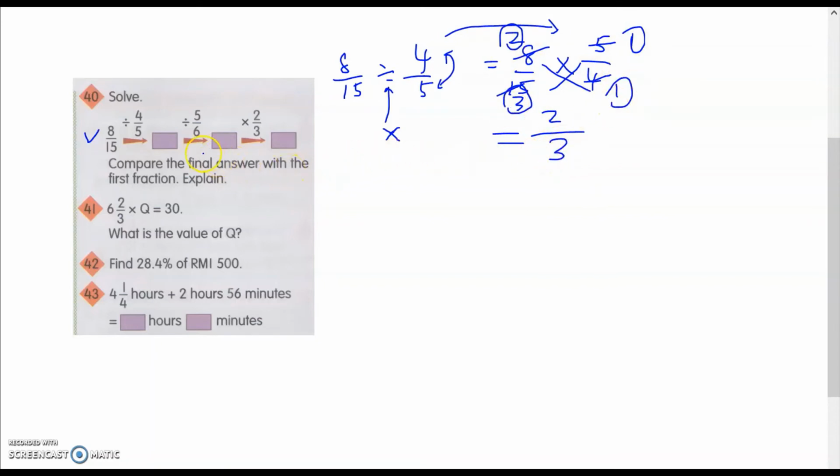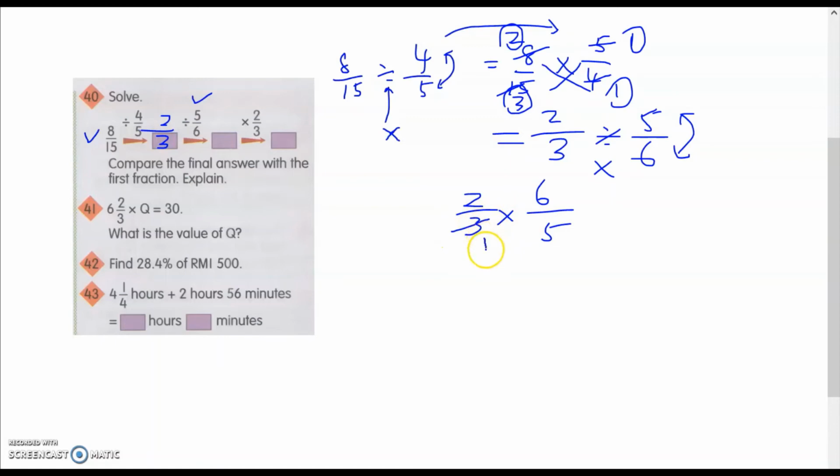Okay, now, so the first answer is 2/3, and then we need to divide 5/6. So same thing, divide, we change to times, and then we flip the second fraction. So 2/3 times 6/5. So this one we can simplify, we divide 3. This one divide 3 is 2.